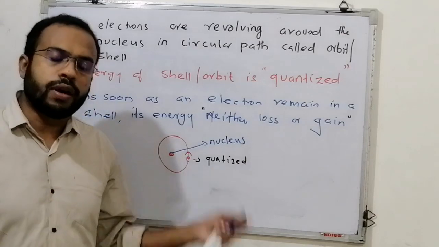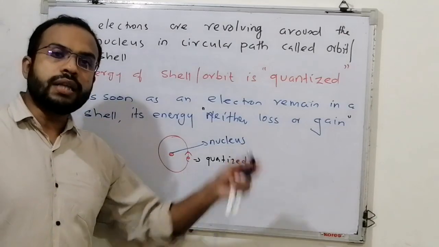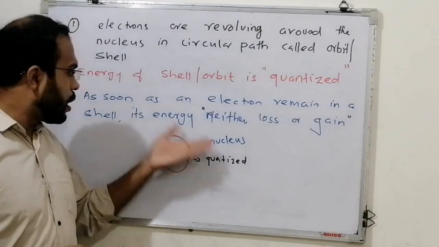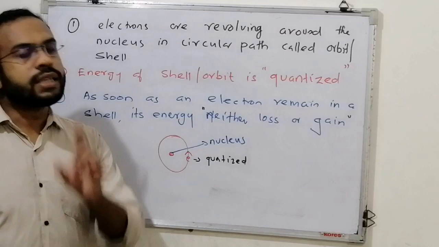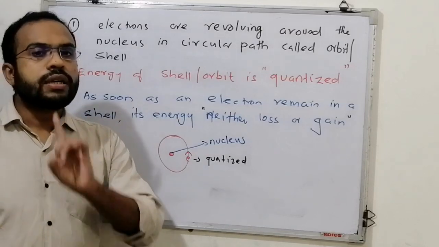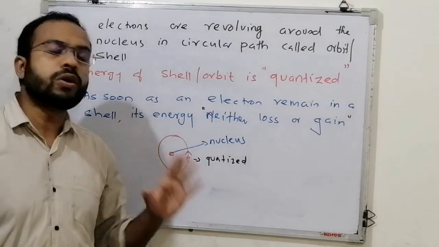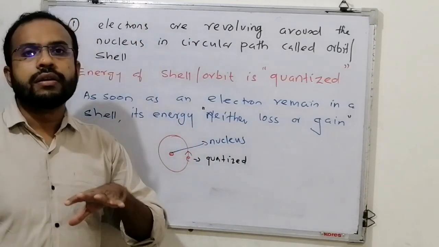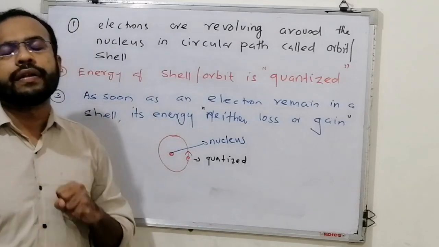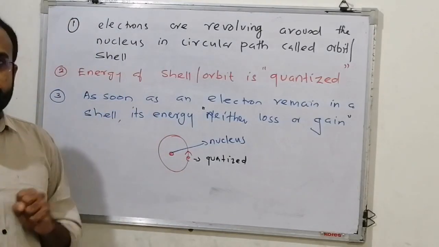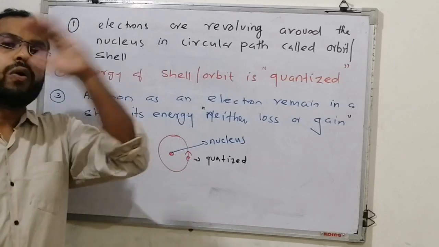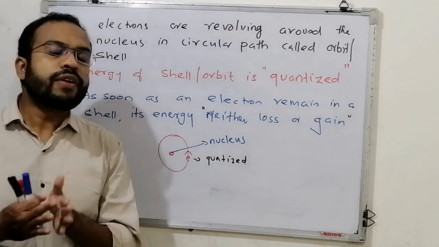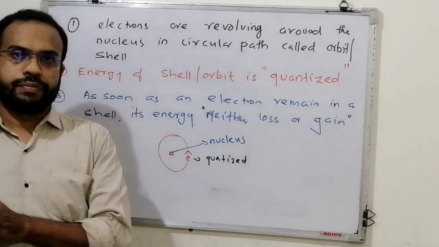This is a principle of quantum mechanics. But in our classical mechanics, when a particle undergoes circular motion, its energy will be lost, no doubt, because of acceleration. That does not happen at the quantum level. Therefore, quantum mechanics is exclusively different from classical mechanics.